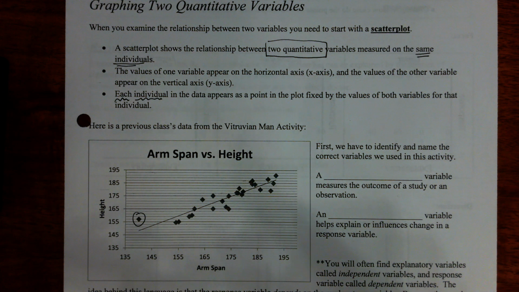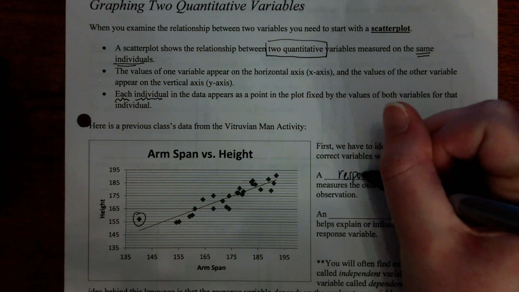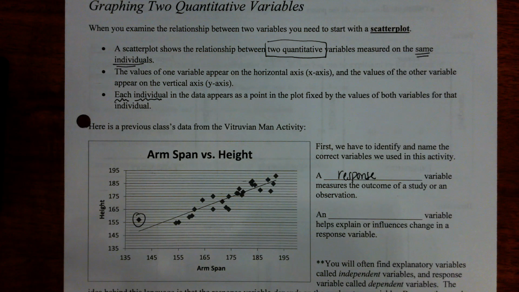So when we're looking at identifying variables in this activity, we first have to put some names to the variables. So we're going to have two different variables, the response variable and then the explanatory variable.